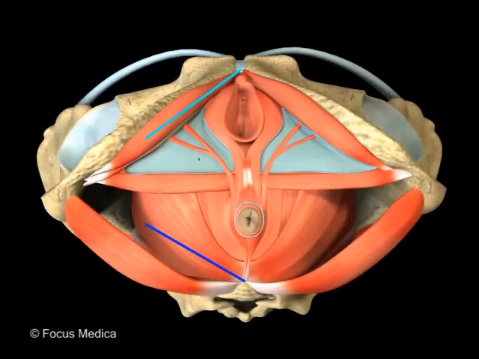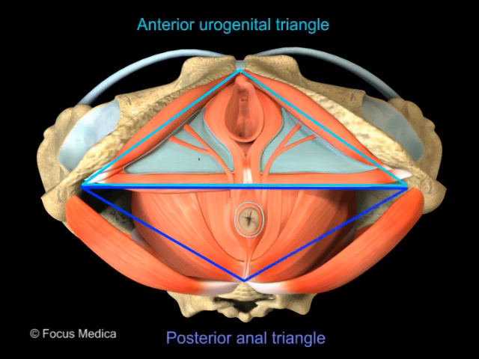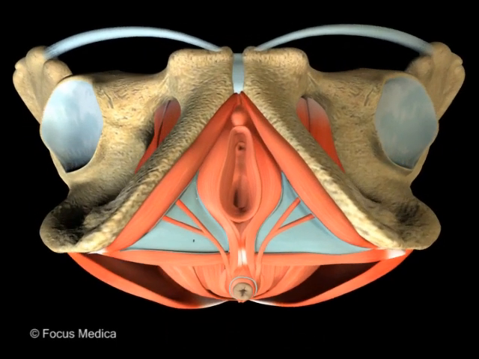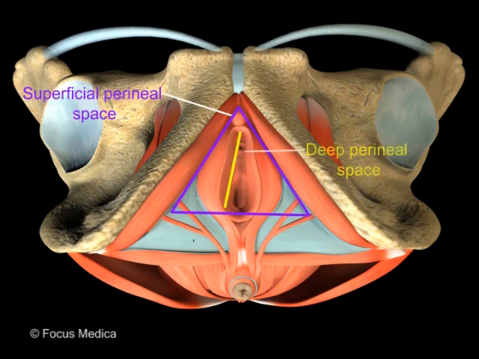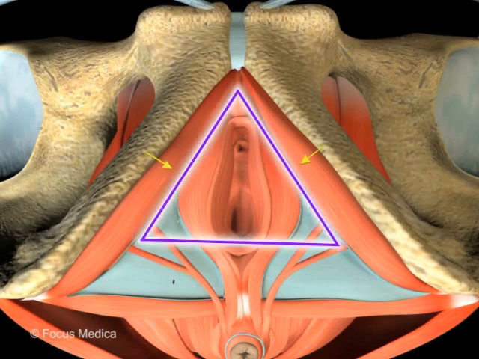Superficial perineal pouch, female. The perineum is divided into two triangles, the anterior urogenital triangle and the posterior anal triangle. The urogenital triangle has two spaces, the superficial and the deep perineal space. The superficial perineal space is a triangular pouch located below the urogenital diaphragm.